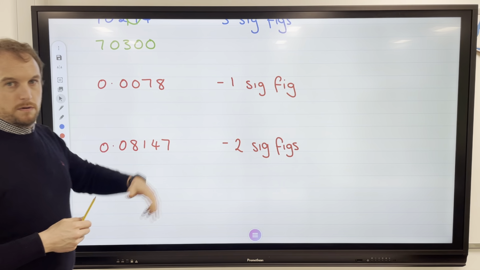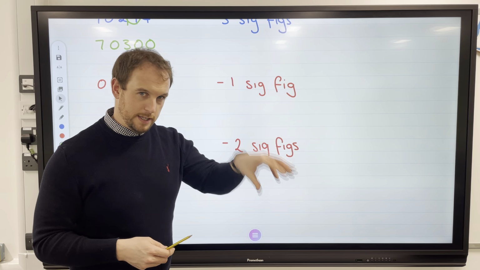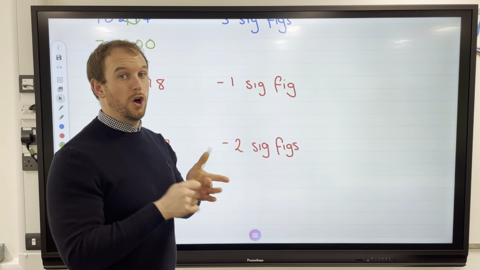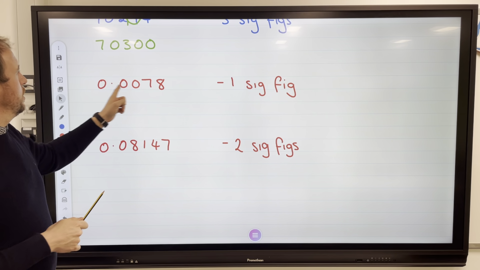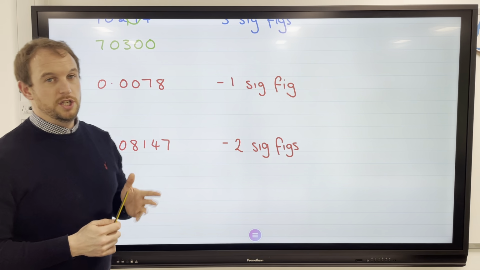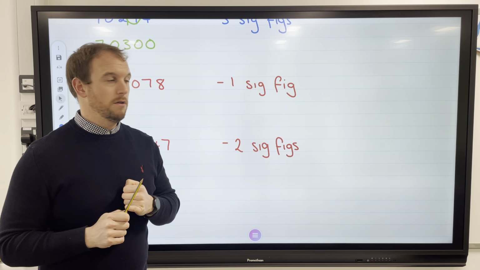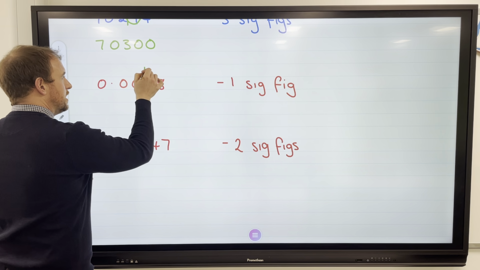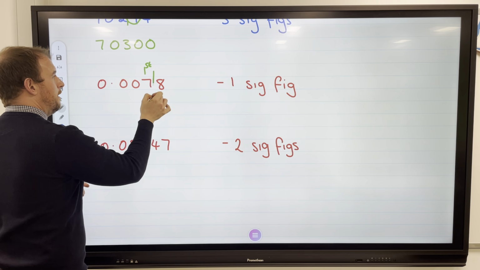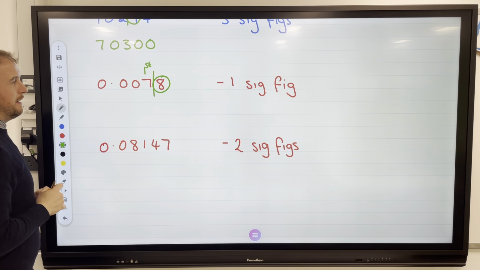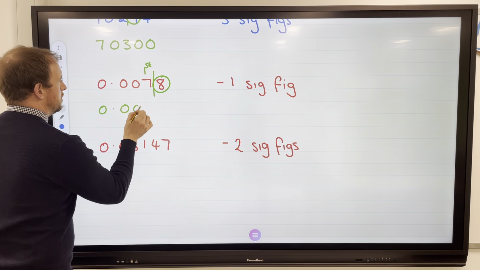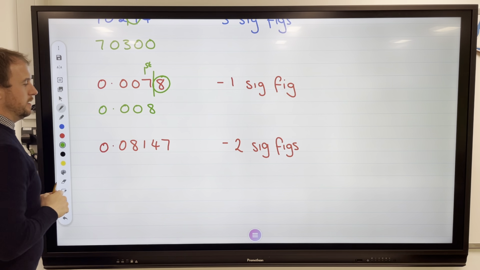How about decimals though? Remember, the statement: significant figures start with the first non-zero. Here, starting from the left, which digit is my first non-zero? Well, that would be the 7. So the first significant figure would be the 7. 8 makes the 7 go up to an 8, so therefore 0.0008.